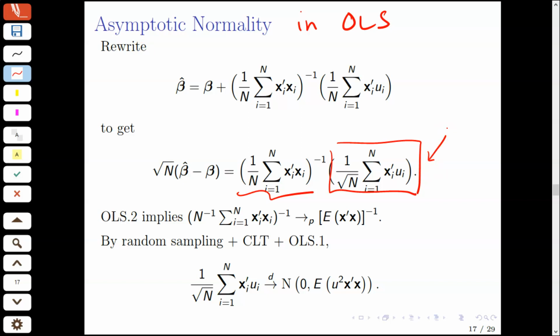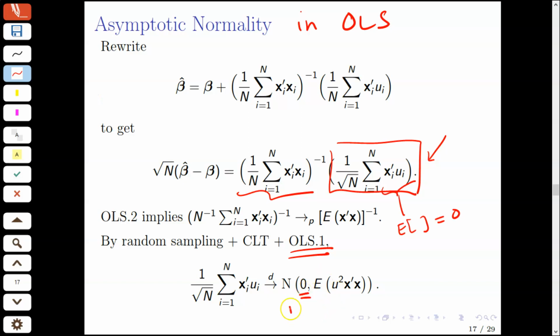Now, invoking random sampling, giving us IID data, plus a central limit theorem, and also using this first OLS assumption in order to ensure that the summands, the stuff that we're summing or averaging, are all mean zero, we can invoke the central limit theorem to show that this second scaled average converges in distribution to a normal with mean zero.